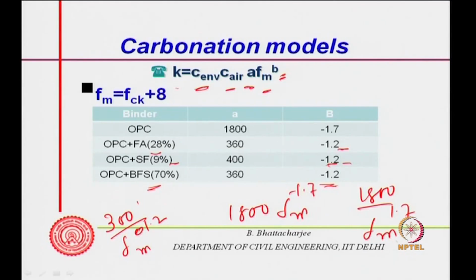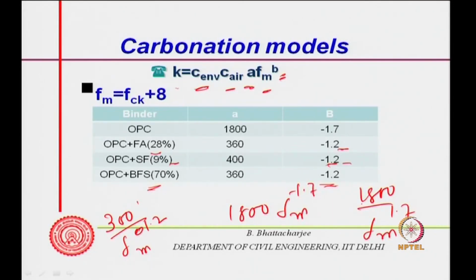This is nearly squaring up. If it is 50 MPa, this will be somewhere around 2000 or so, while in this case 50 to the power 1.2 would make it 100 or so. One can find out this value, but 300 divided by it will be much less.